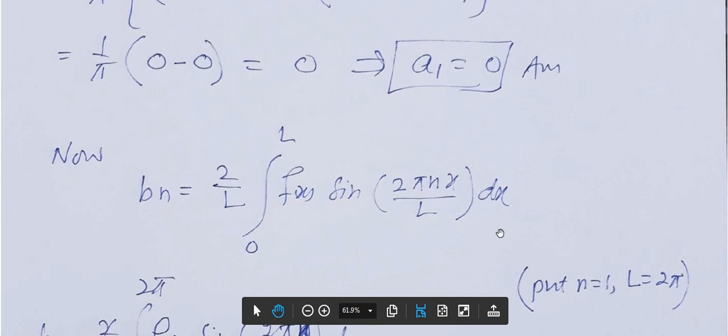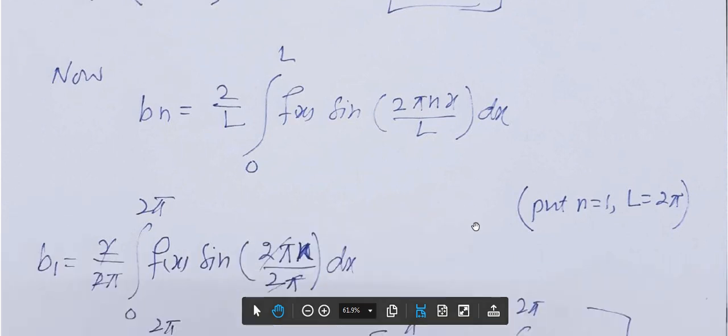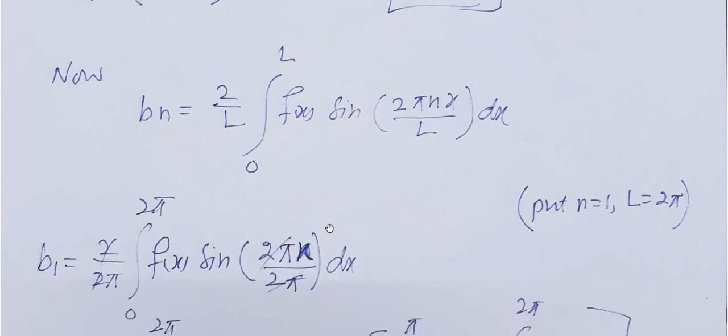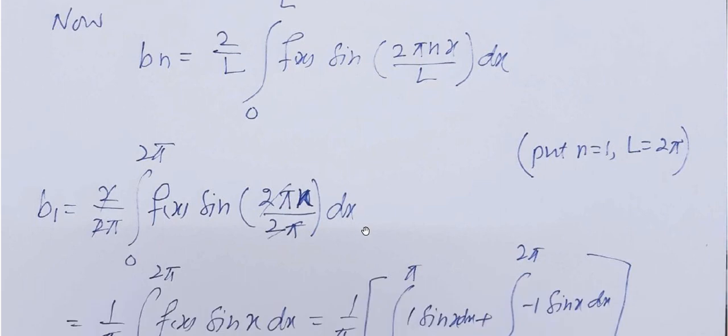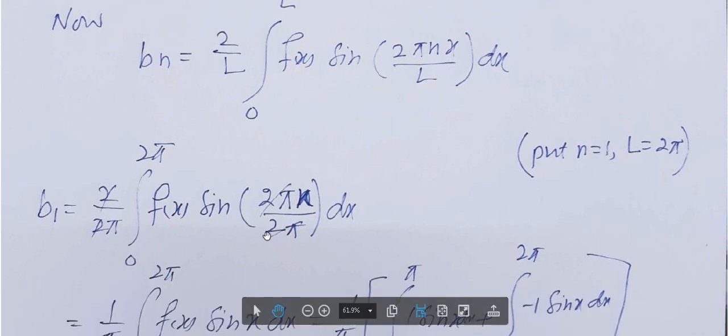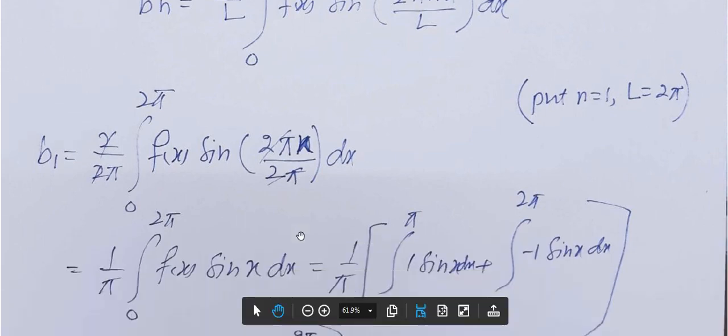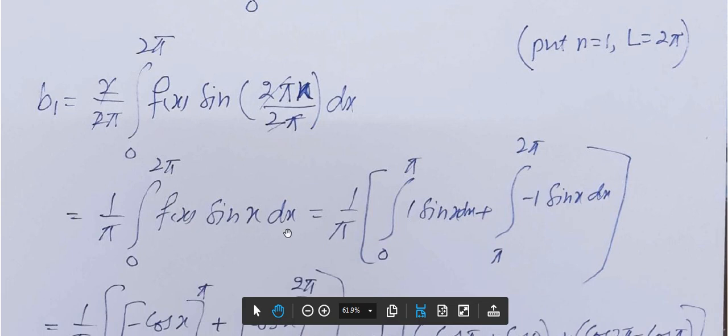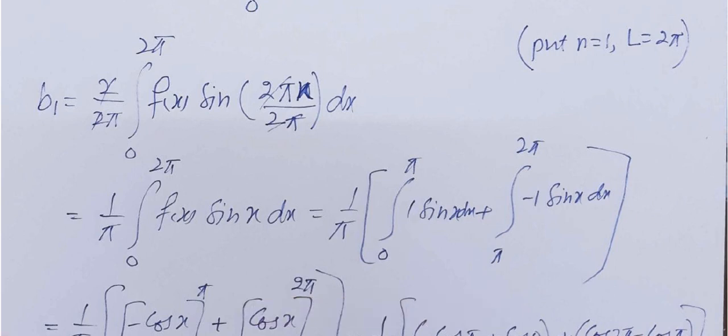Similarly you can find b n, and because we have to find b1, you can replace n with 1 and put it here, and simplify this. So again you will end up with f of x sine x dx. So again your f of x varies from 0 to pi as 1, and from pi to 2 pi your f of x is minus 1.